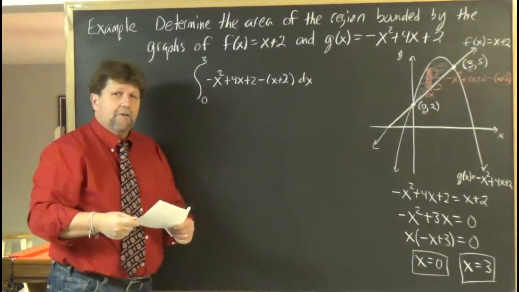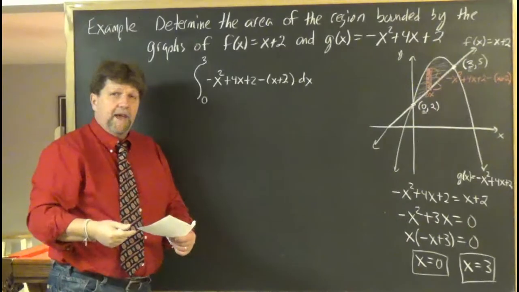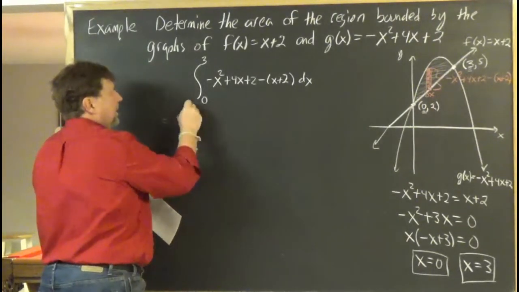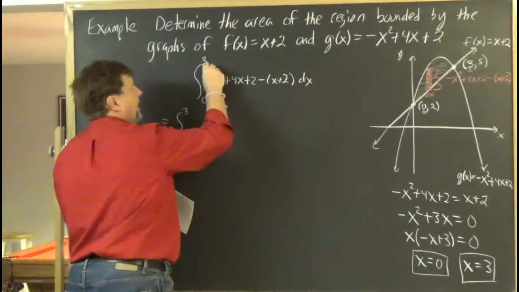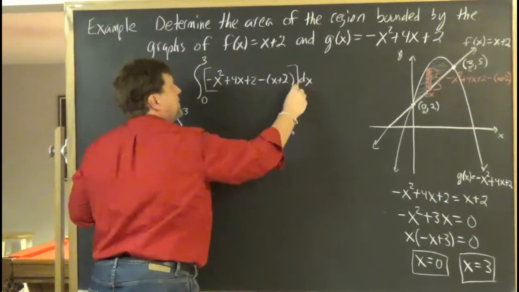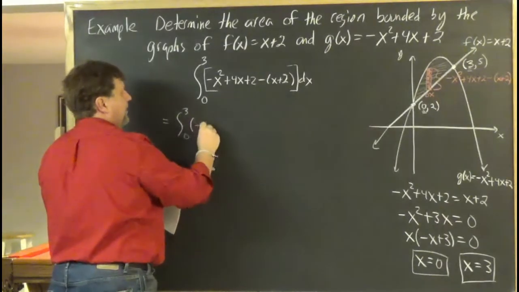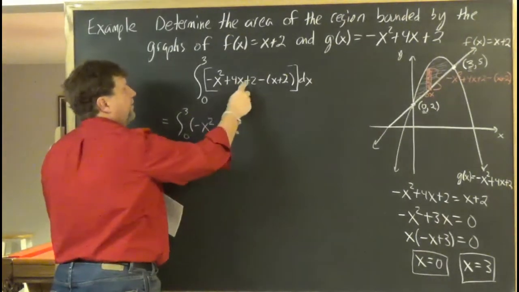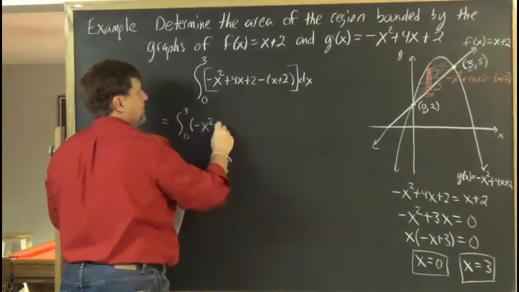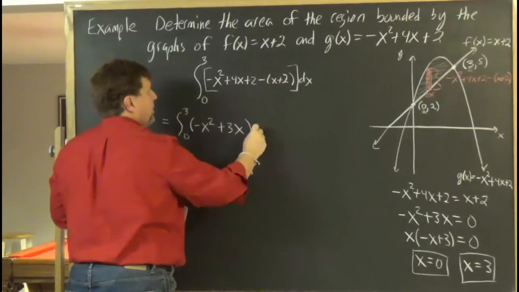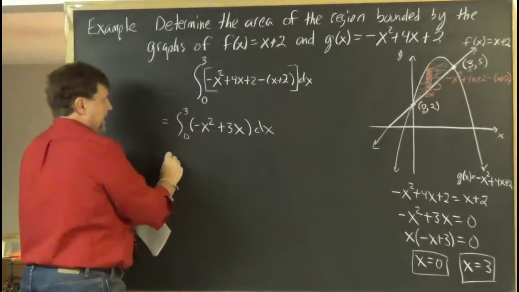Let's get an antiderivative, use the fundamental theorem of calculus. First I would clean up my integrand. Let me put the integrand inside square brackets. So I have a negative x squared, 4x minus x is 3x, 2 minus 2 is 0. Now I get an antiderivative.